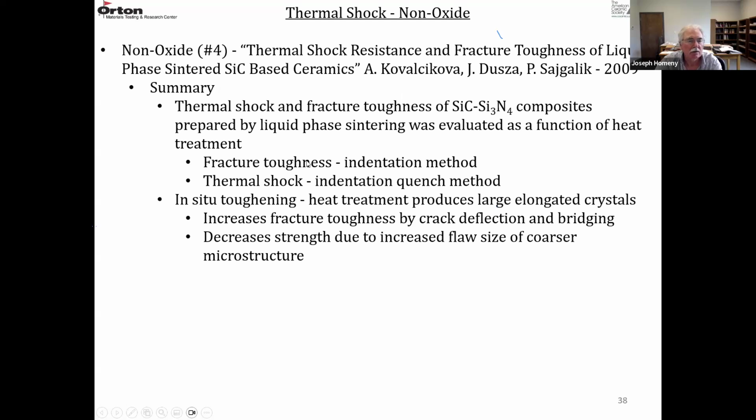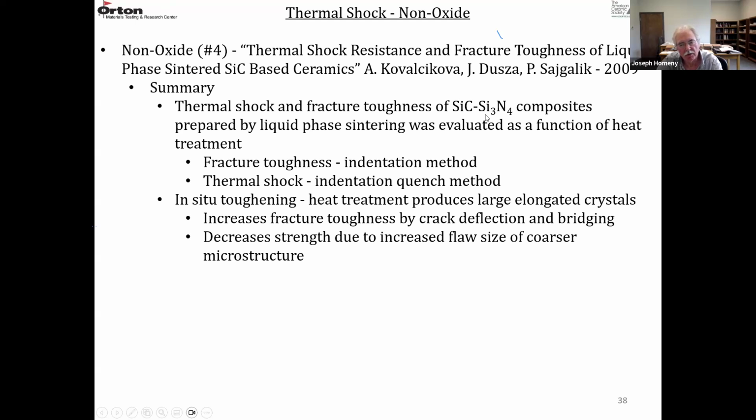And then the other paper I have here, thermal shock resistance and fracture toughness of a liquid phase sintered silicon carbide ceramic. This was a 2009 paper. So they used a liquid phase to sinter the silicon carbide. This was actually primarily silicon carbide.